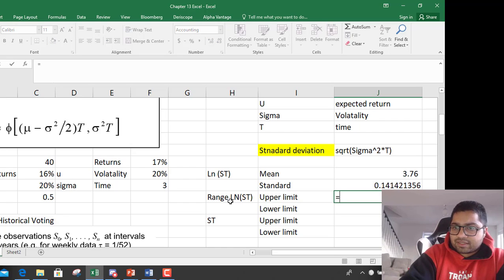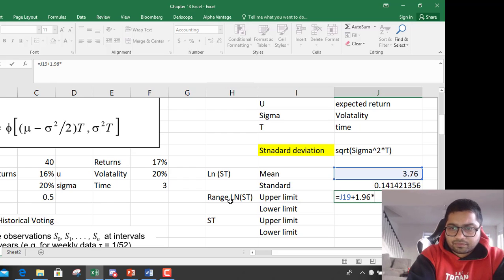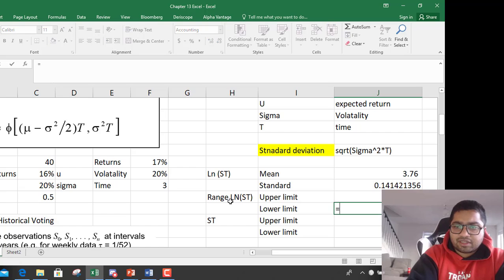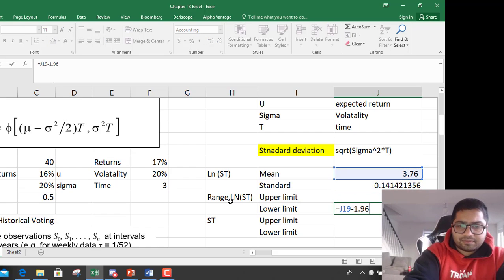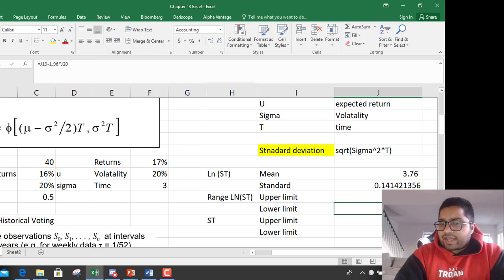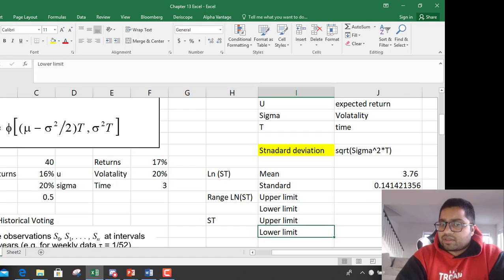Now you can find out the range of the log normal stock. The upper value is mean plus 1.96 times standard deviation. The lower value is mean minus 1.96 times standard deviation. Okay, so this was natural log. We don't want natural log, we actually want the stock price.